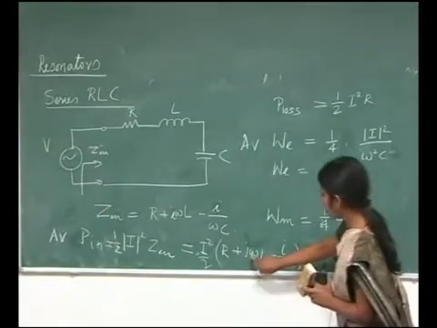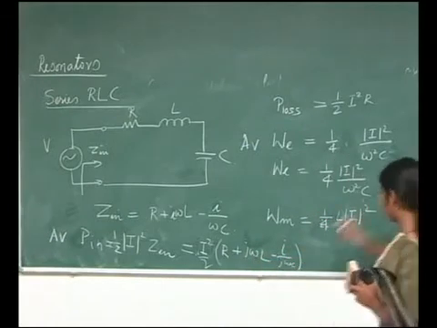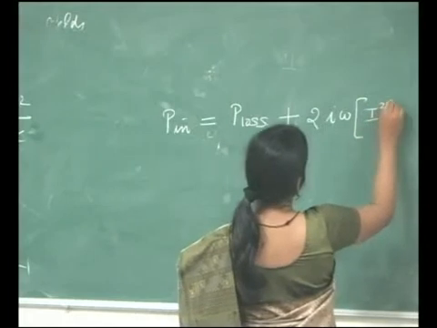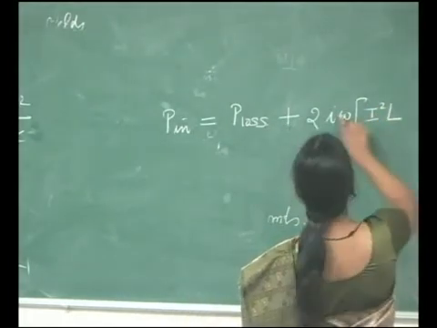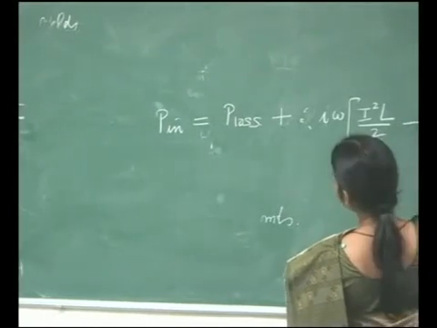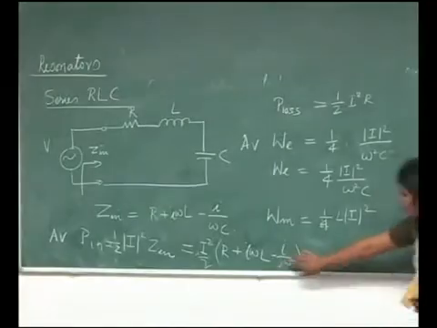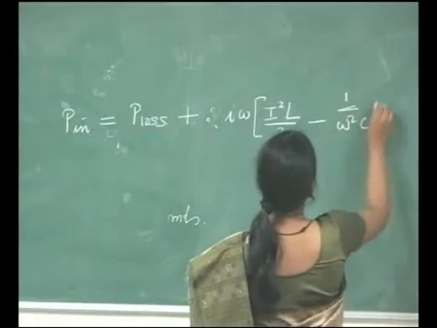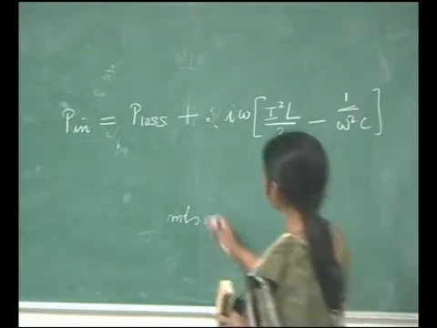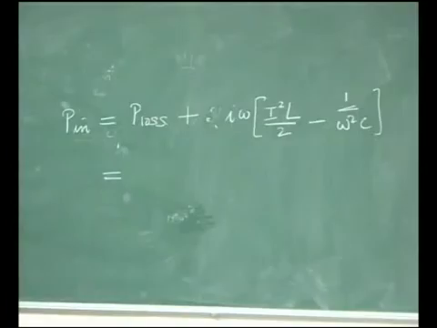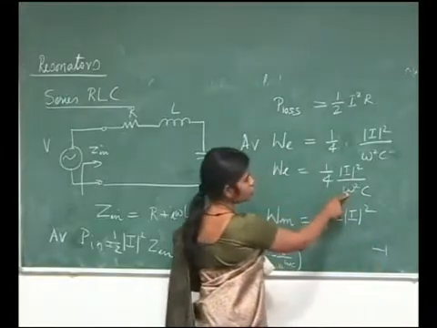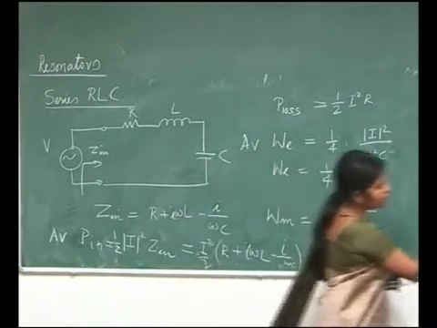Now here if I take j omega common, then I have I square L by 2 minus 1 upon omega square C. So now I can write that, now you see here omega E is I square upon omega square C, but here there is a factor of 1 by 4, but here you have a factor of 1 by 2.